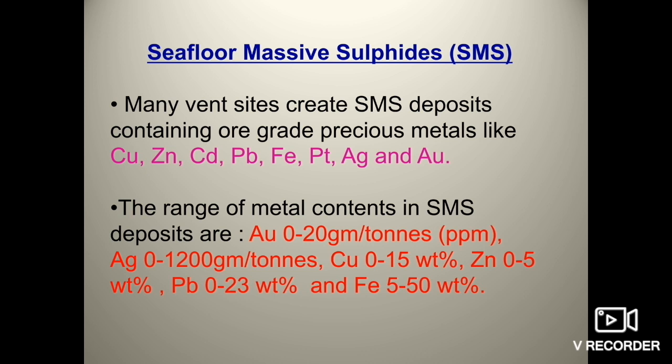Zinc 0 to 5 weight percent. Lead is 0 to 23 weight percent, and iron is 5 to 50 weight percent. So most important is the gold as well as silver. And the remaining ones, copper, lead, zinc, as well as iron, are in lesser amounts.